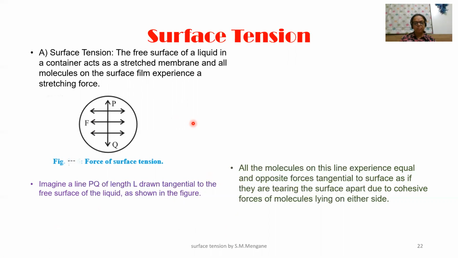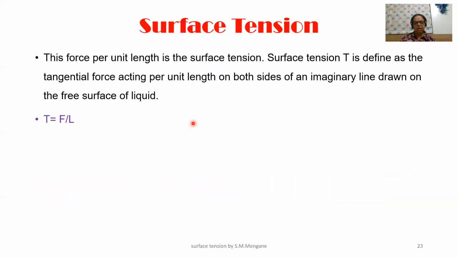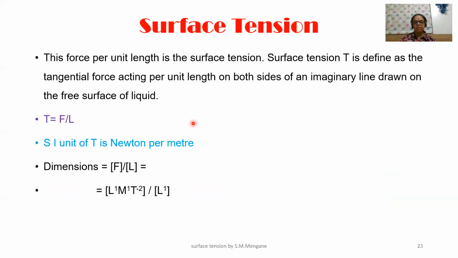So the sphere has minimum surface area. That is why liquid automatically takes the shape of a sphere. As molecules come close to each other, it minimizes surface area. The question may ask, why are liquid drops spherical in nature?